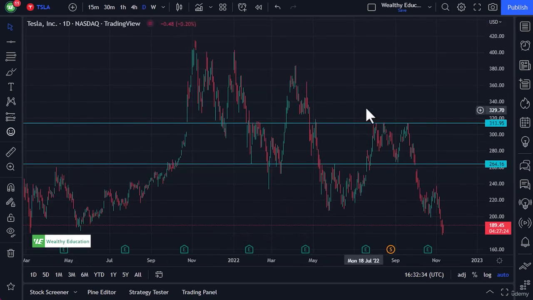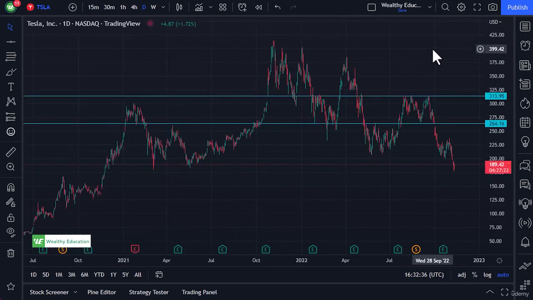And resistance. And that brings up the next point. Support and resistance tends to have what is known as market memory. So what I mean by that is notice how this was support, that was resistance, this was resistance, this was resistance. This was support, but it was resistance here, and it was support there, and it was resistance in this area.